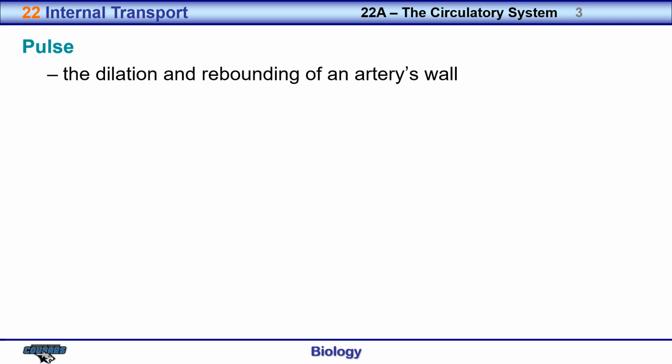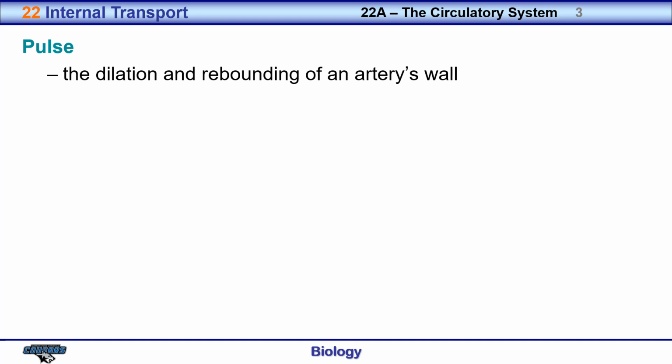Well, your artery is like a tube, but it's an elastic tube, because remember it has that connective tissue around the outside, and every time your heart pumps, the pressure of the blood causes the artery to swell out a little bit. It pushes out against the walls, and that's what we would call dilation.